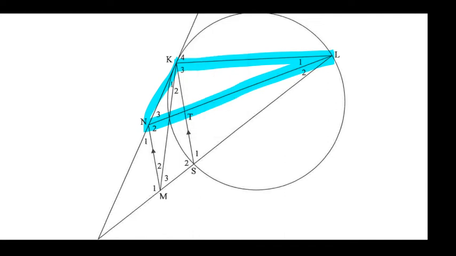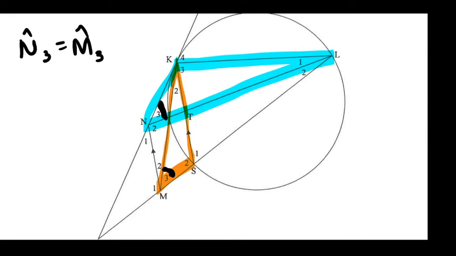It is KSM. So you're proving the similarity of these two triangles. What I need you to note is that angle N3 is equal to angle M3. So the angle N3, this one here, is equal to this one here.